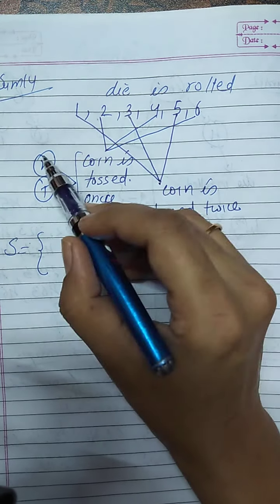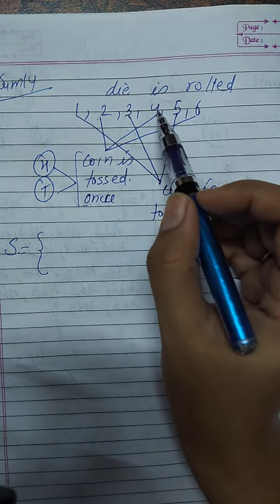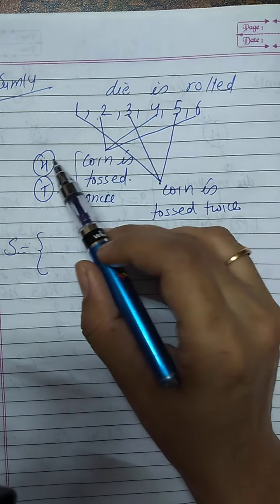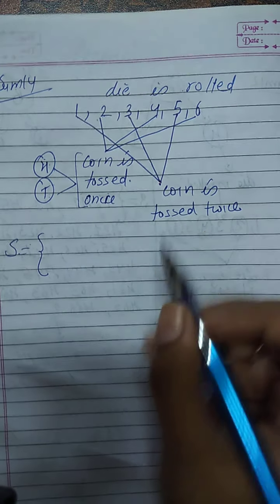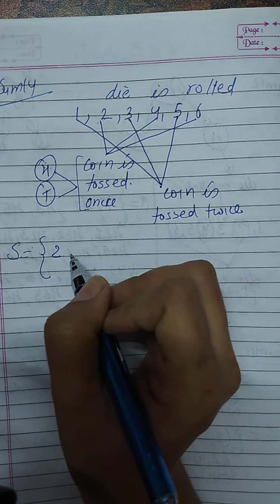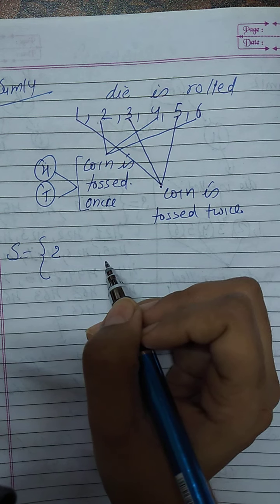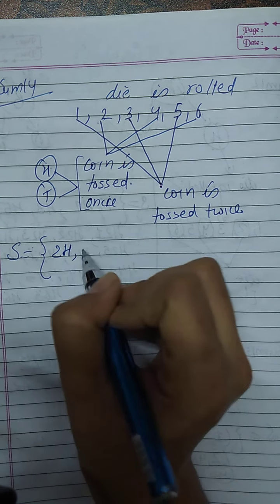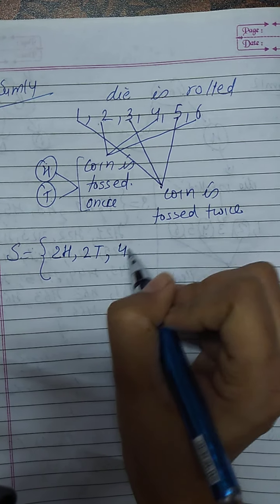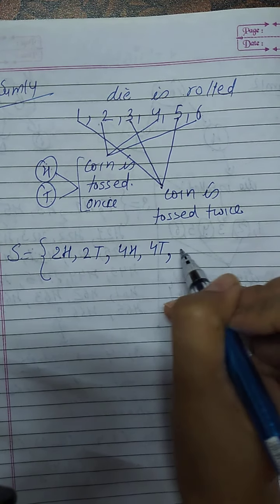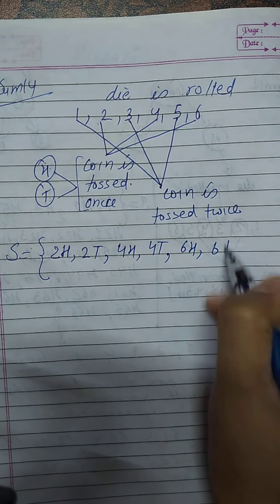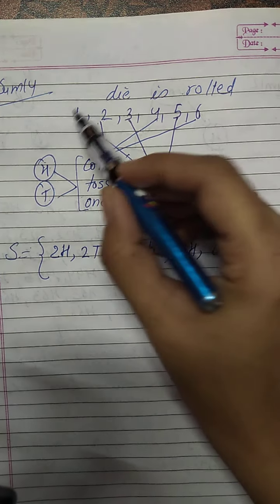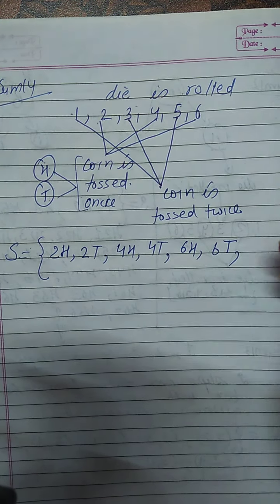So it can be 2H, 2T, with 4 head can come, with 4 tail can come. When 6 is coming, either head can come or tail can come, right? So the outcomes that we will have will be 2H or 2T, 4H or 4T, 6H or 6T. Even number is done. Okay, and now if odd number is coming, coin is tossed twice.